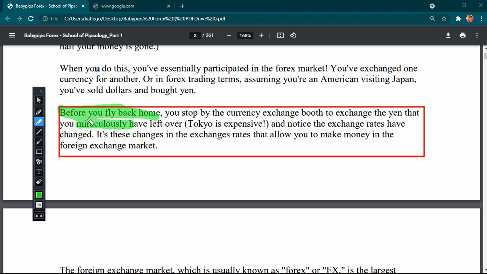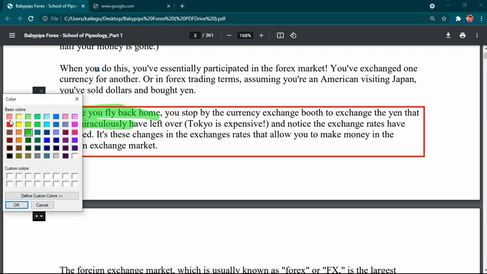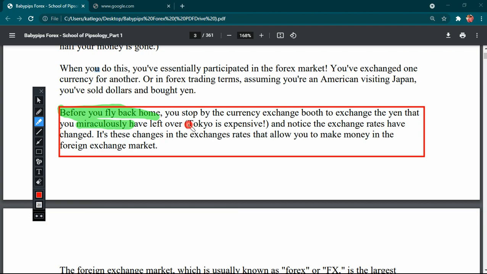So you didn't spend all the money you had. Miraculously, you have some yen left over. According to them, the reason you have some money left is because, damn, Tokyo is expensive, man. You remember when we exchanged that $1 for the 100 yen, and we bought a soda at the airport only to find half of our money is gone.